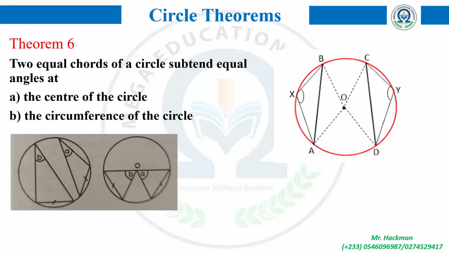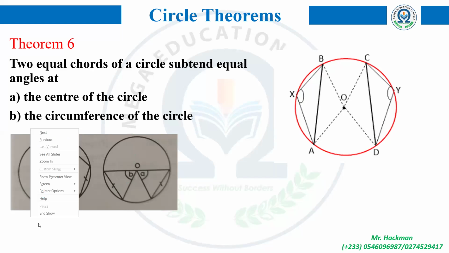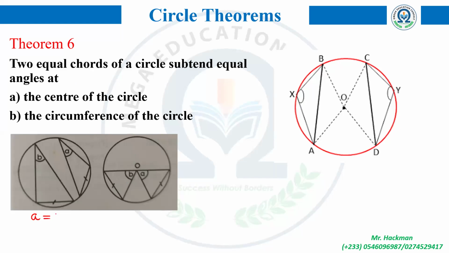So indirectly I'm saying that A must be equal to B for this particular diagram. Is my point well made here, in terms of the first diagram explanation, connecting it to the theorem? We are all fine.